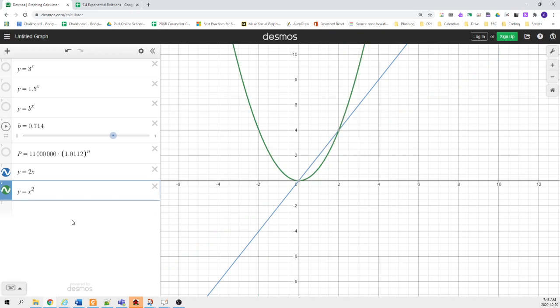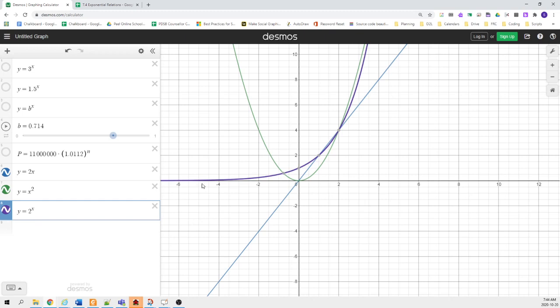So y equals x squared. This has a minimum of 0. It has a y-intercept of 0. It doesn't have a maximum because it keeps going upward. Let's compare that to 2 to the power of x.